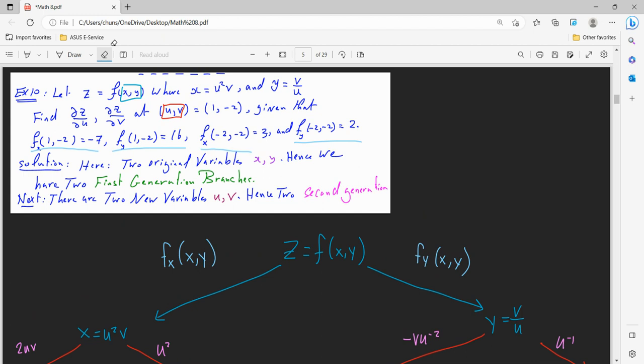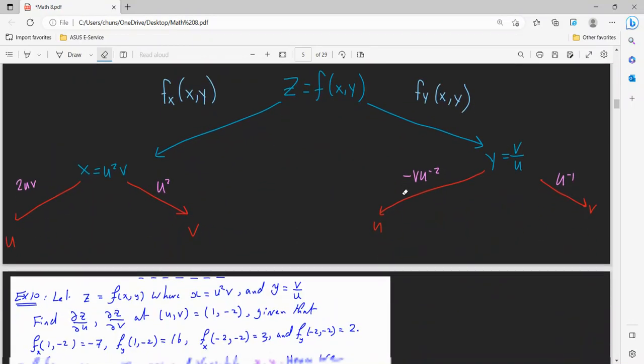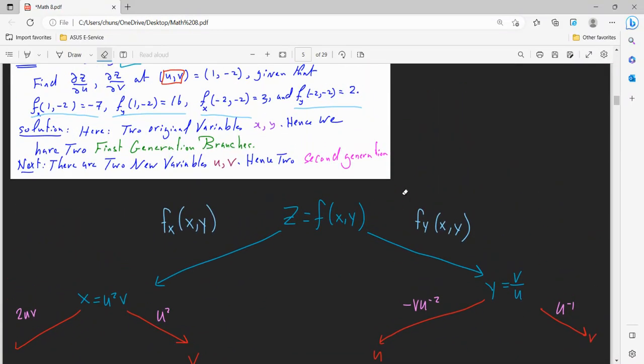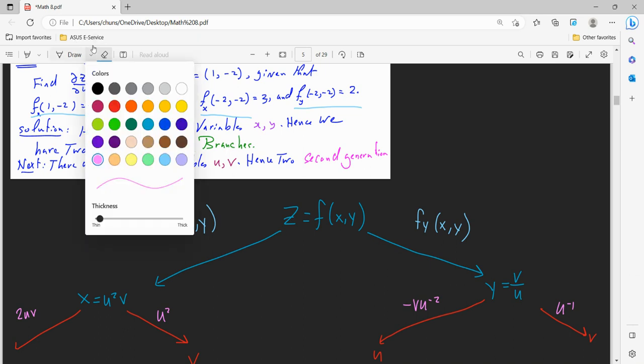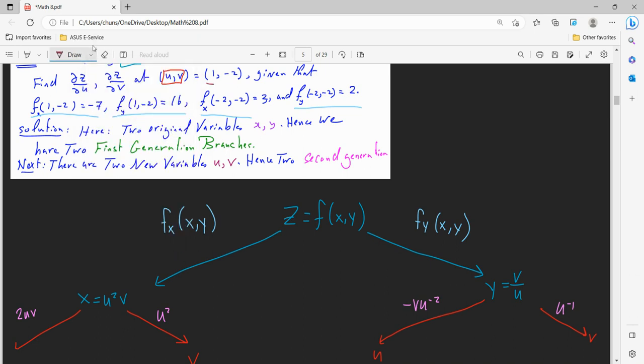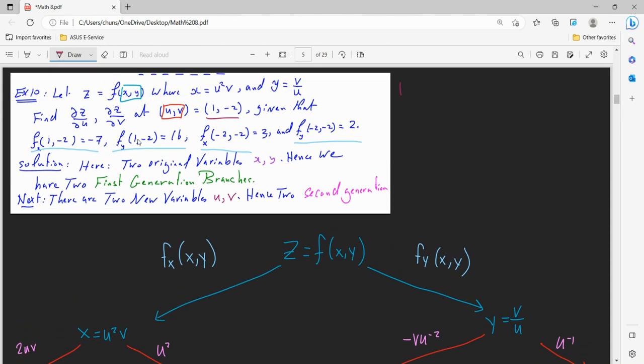So once we have all of that, we are given what our x and y, what our u and v are equal to. So if we take a look at this section here, we can find what our x and y is. So let's find x and y variables with u and v.